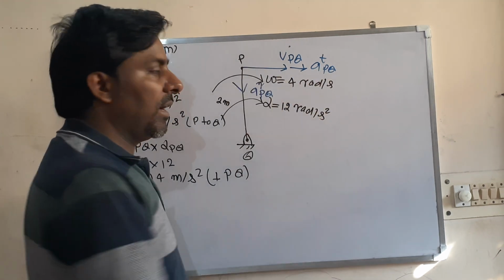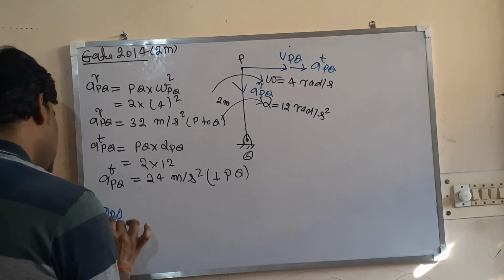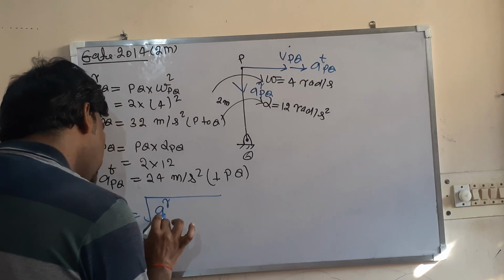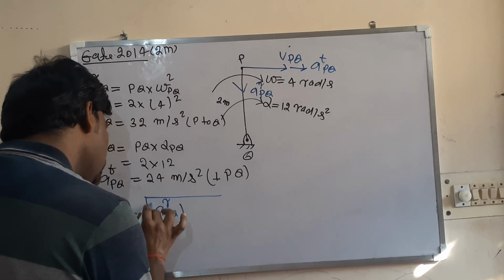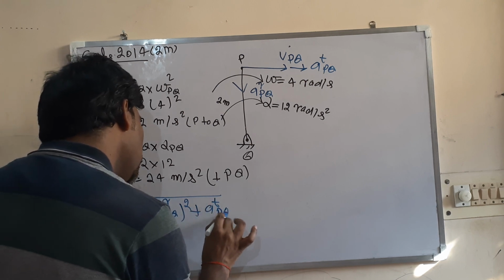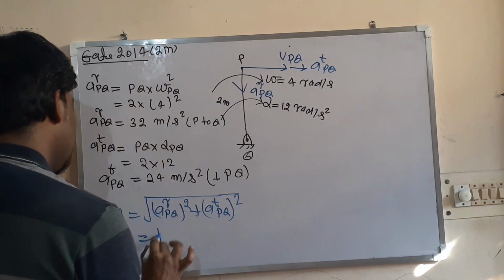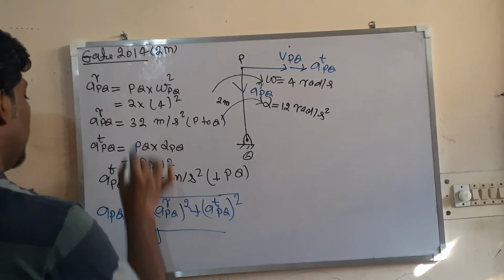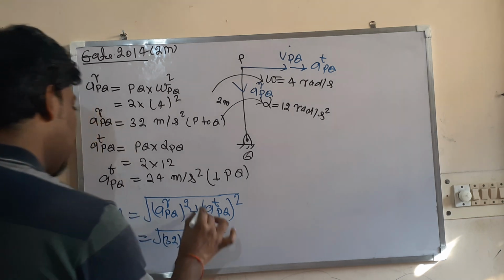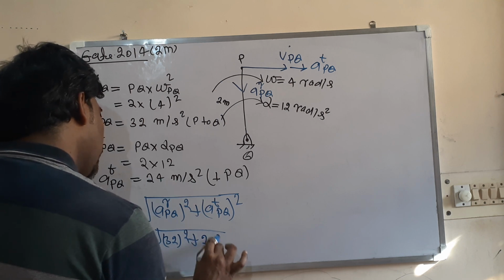These both are perpendicular. So the resultant acceleration of P with respect to Q is equal to under root of AR PQ whole square plus AT PQ whole square. AR PQ is 32, so 32 whole square plus AT PQ, which is 24 square.